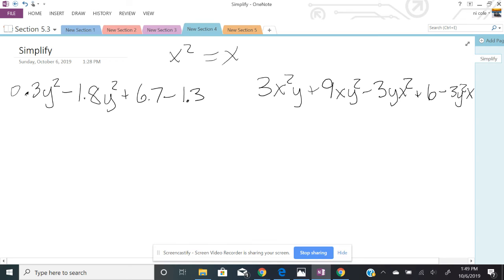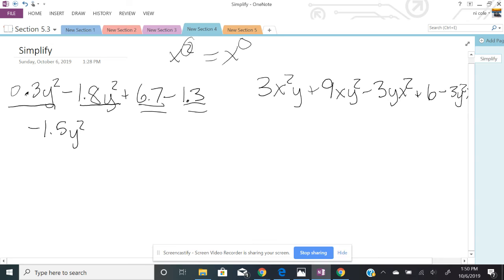Every time, the degrees have to match up. All the variables have to match up to be similar. So in this first example, you have this and this. So you have 0.3 minus 1.8 y squareds. They're both y squareds. They're both like terms. So you just take the numbers in front of them and do the math. So that gives me negative 1.5 y squared.